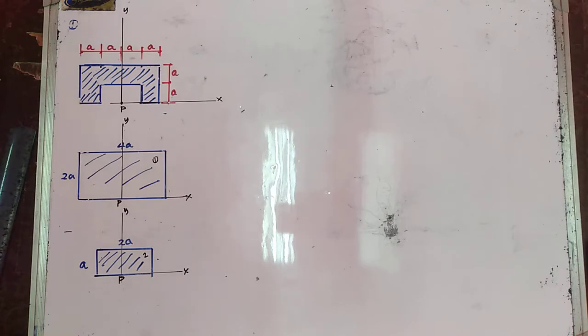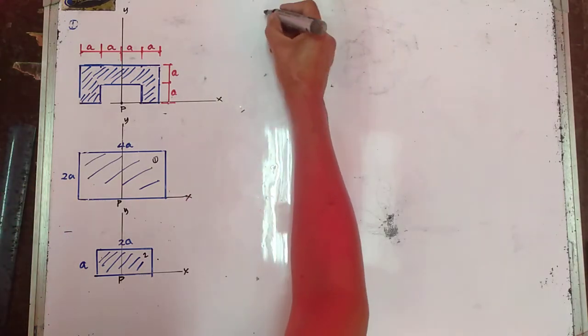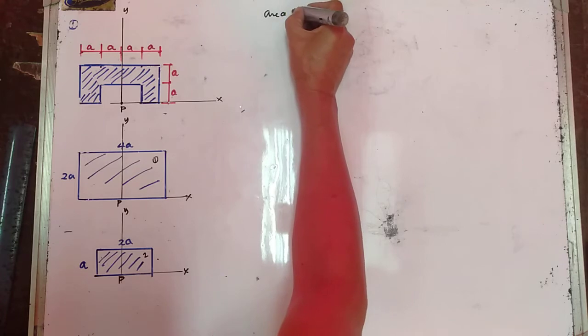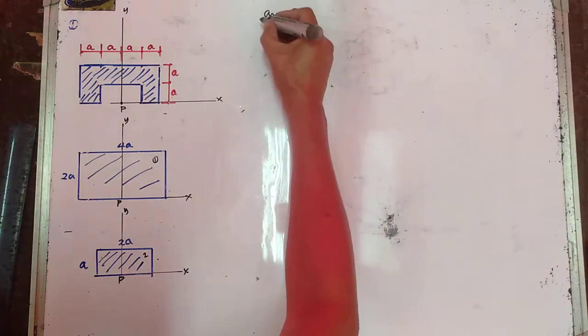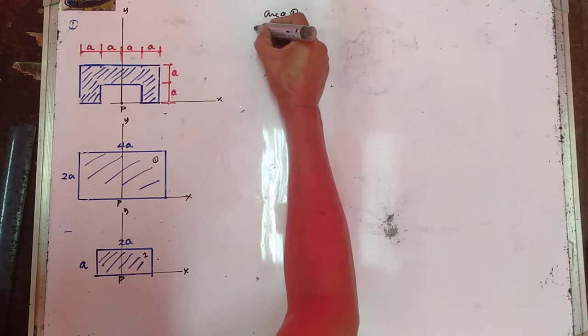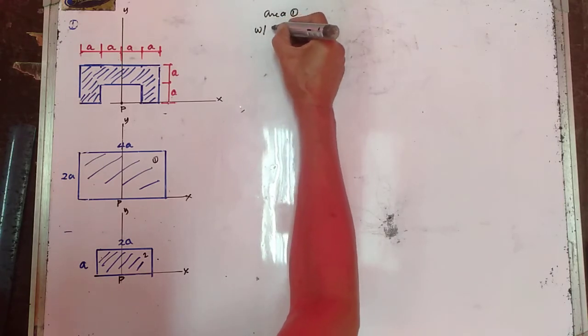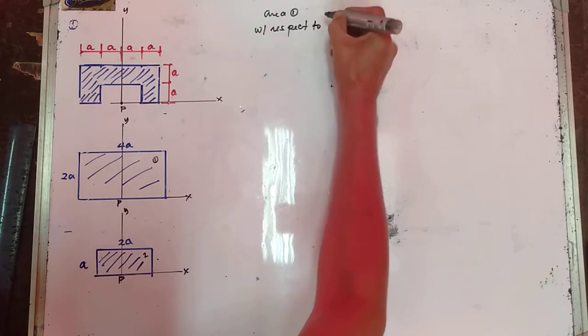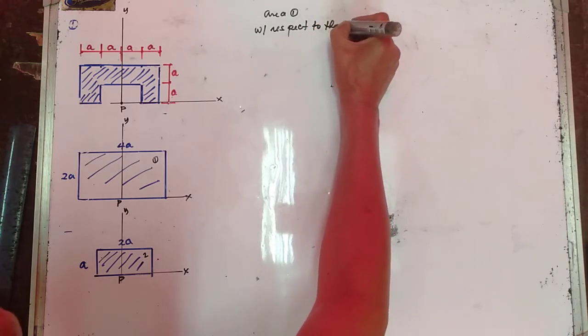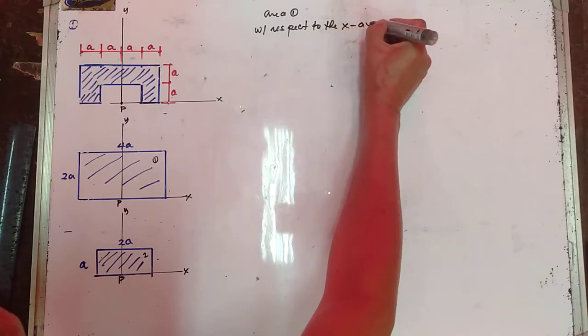Now, for the moment of inertia for the first area, so we have your area 1. Let's try to get now the moment of inertia with respect to the x-axis.